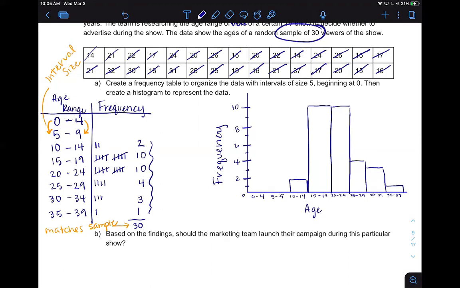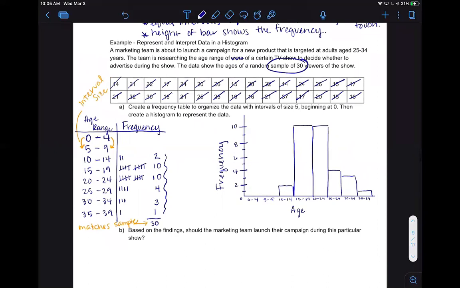What was their target range in the example? Okay, so the target was ages 25 to 34. Well, based on either your frequency table or your histogram, how many did that include?